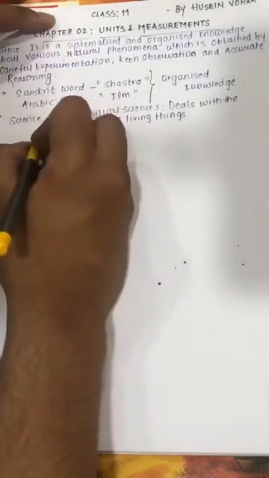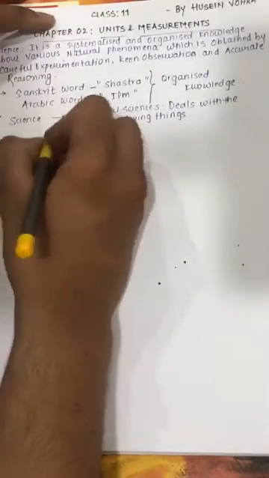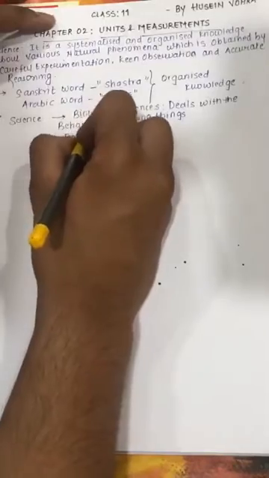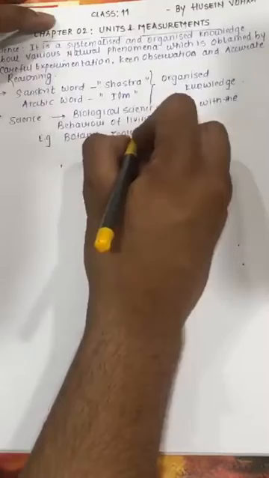Various branches of biological sciences are botany, that everybody knows, related to plants, zoology, ornithology related to birds, forensic sciences, etc.